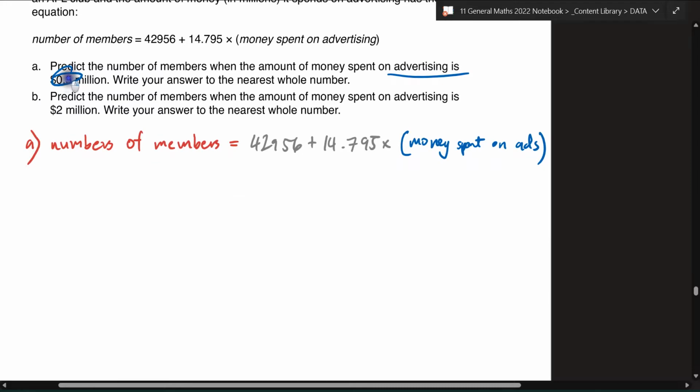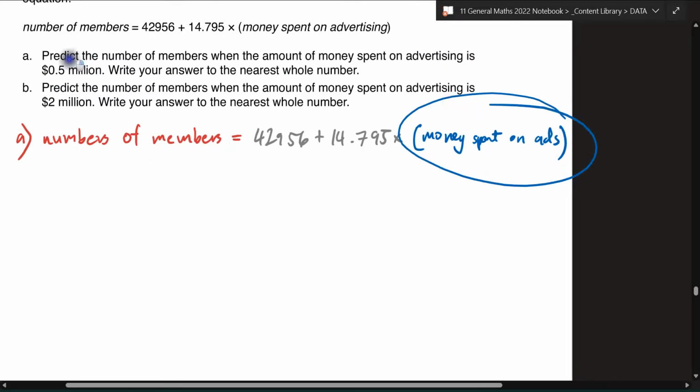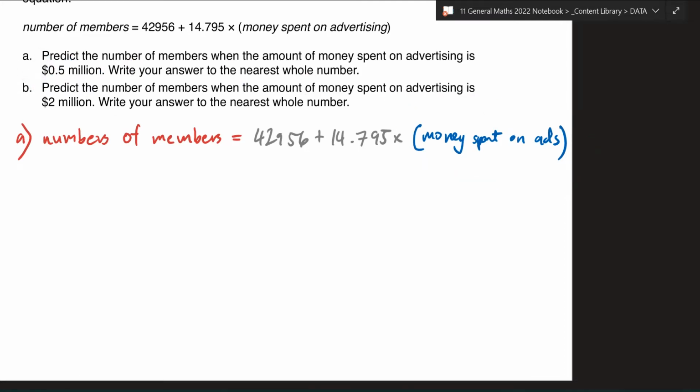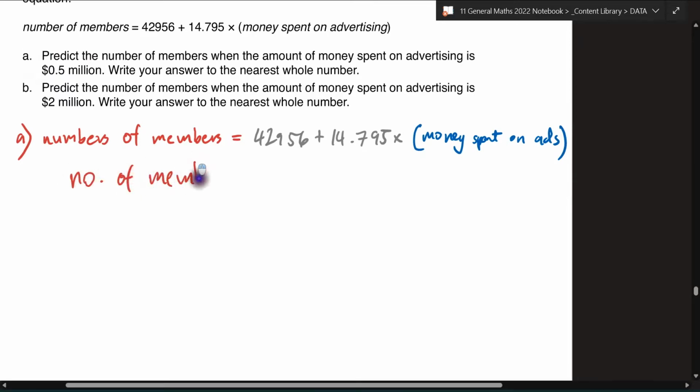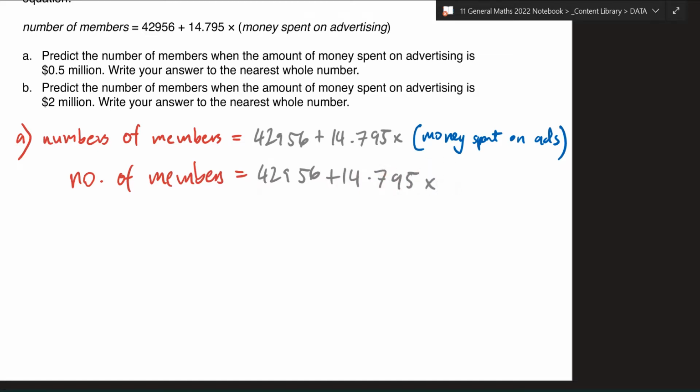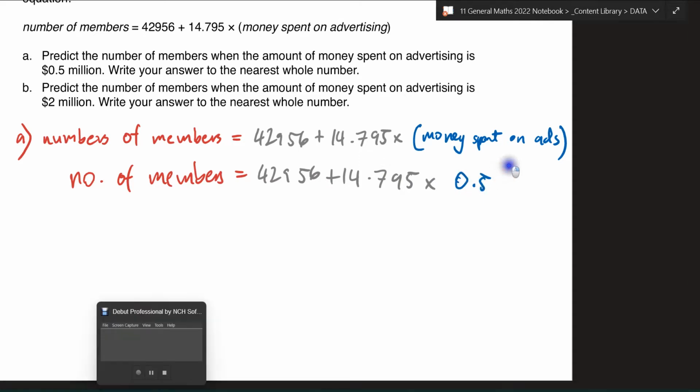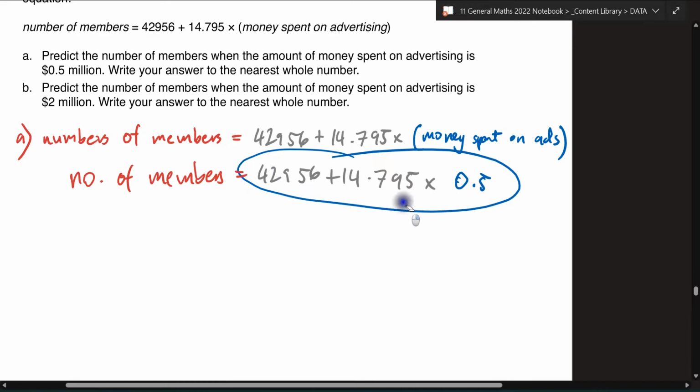Okay, so basically all you have to do is change your formula. So you're changing this to now 0.5 and then calculating that. I'm just going to use shorthand for this because it's too long. It's equal to 42956 plus 14.795 multiplied by 0.5, which is what we're using there now. Okay, and just put that in your calculator.